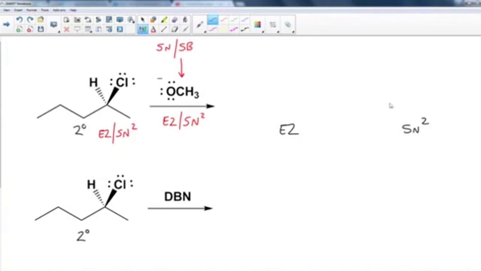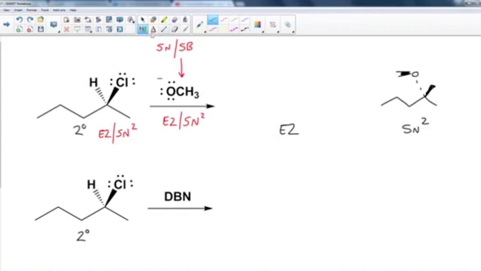We will see both the E2 and SN2 products, so we are going to draw one product that we'll call the E2 product and one that we'll call the SN2 product, and deal with them separately. Let's do the SN2 first. That's easy, because in the SN2 reaction all we do is kick out the leaving group and replace it with the nucleophile.